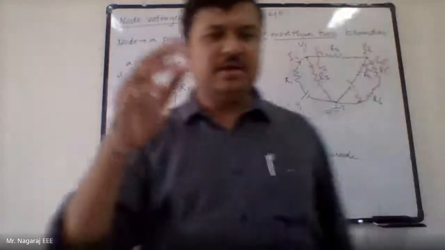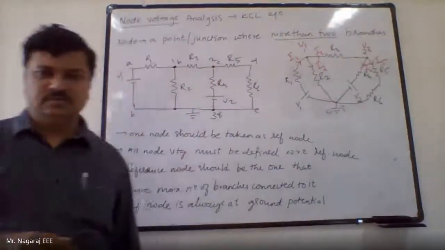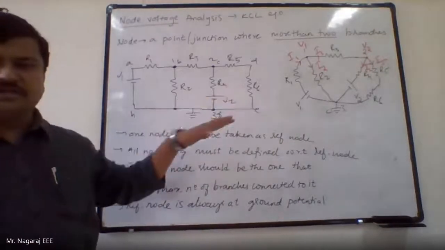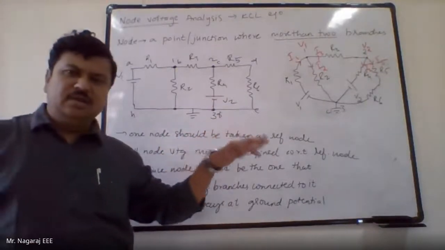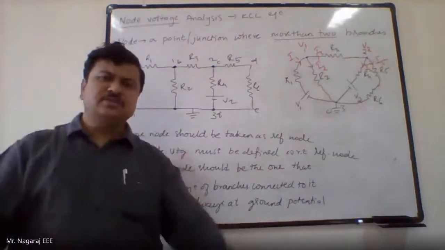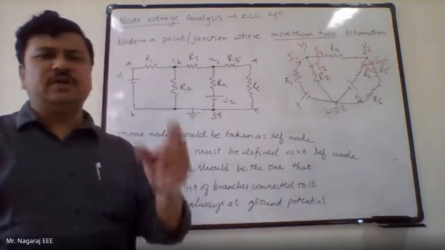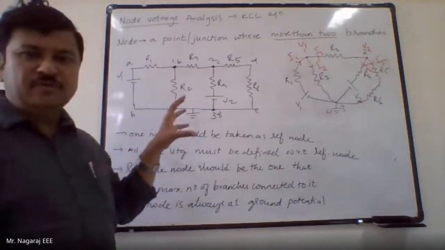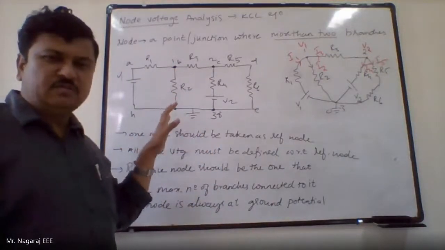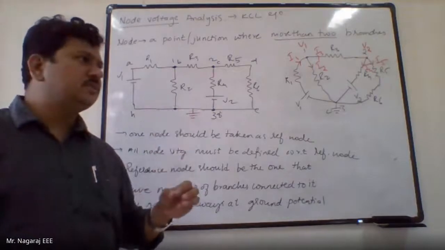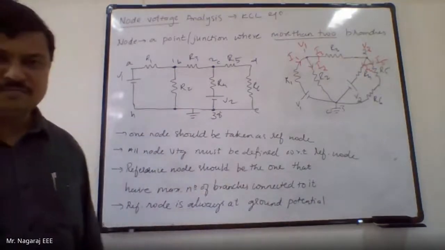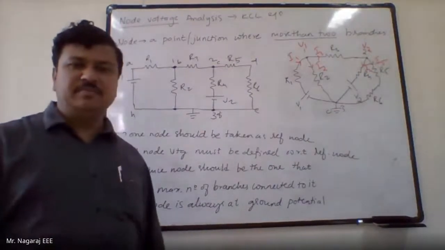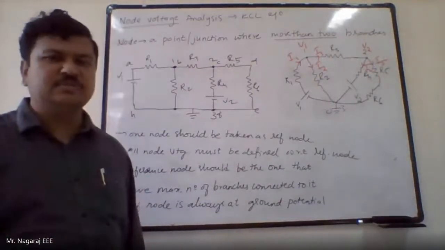Now imagine an integrated circuit where there are lakhs of loops. Even if you take one small subsystem in that loop, the number of meshes will be, even if you take the least, hundreds together. So it is practically very unimaginable to solve 100 simultaneous equations manually.